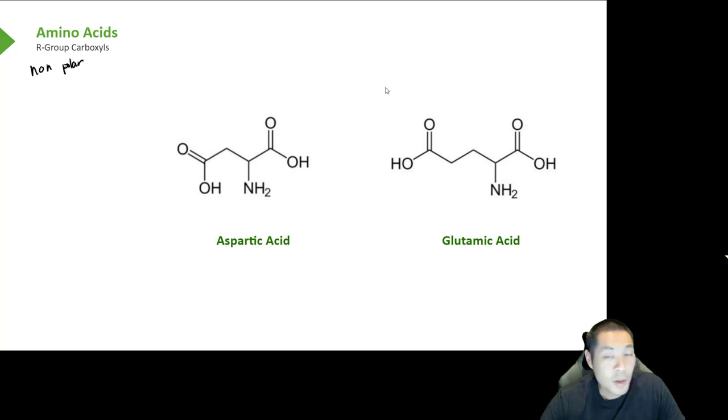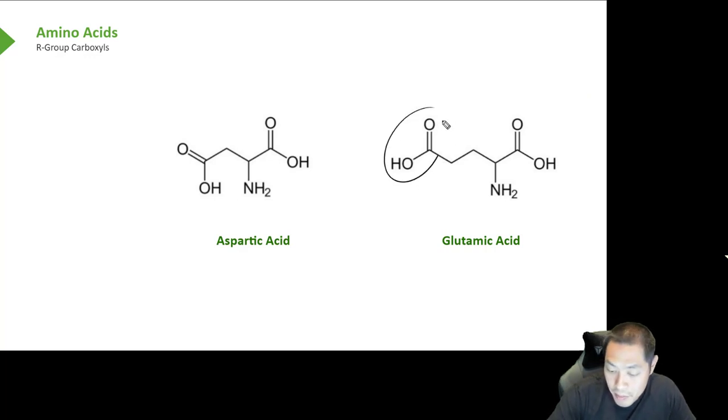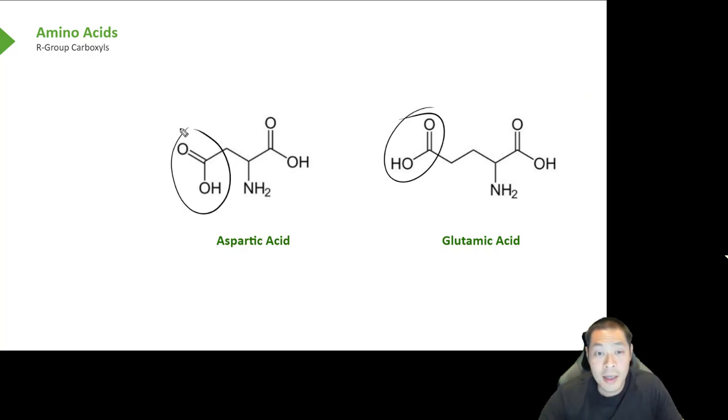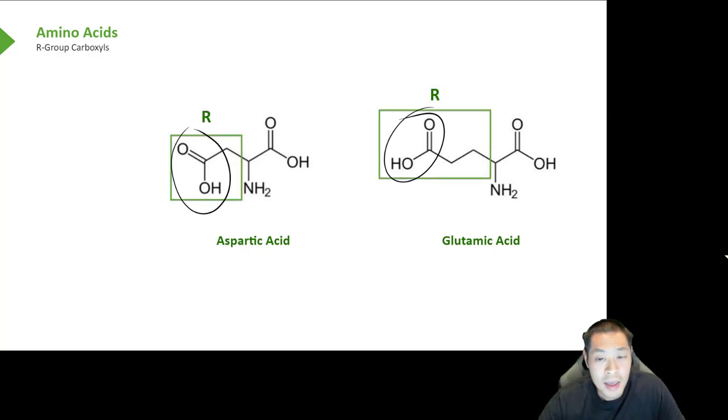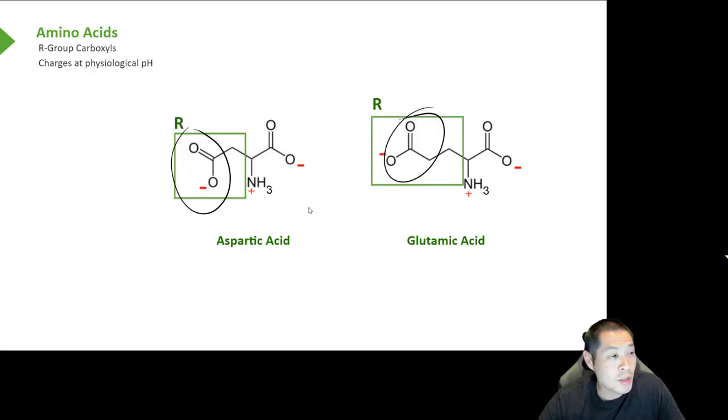All right, here we have, let me get rid of this. We have carboxyl groups right here. Because we have carboxyl groups, when we have it in our blood pH, so that's what it means right here, it's going to actually change its charges, and that's what's going to be important here. So when it says physiological pH, that means pH of our bodies.